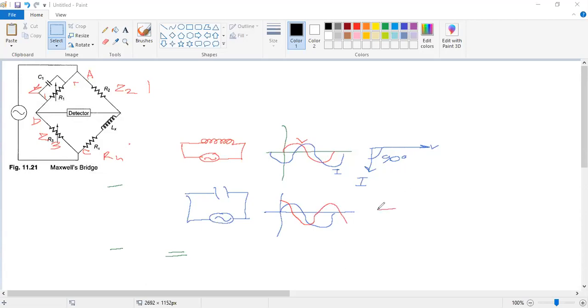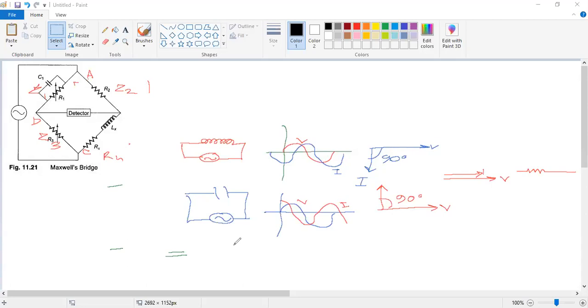This is V and this is I, so I is leading by 90 degrees over voltage. And we all know, if there is a resistance, then the phasor is just like this, V and I. This is for the resistance.